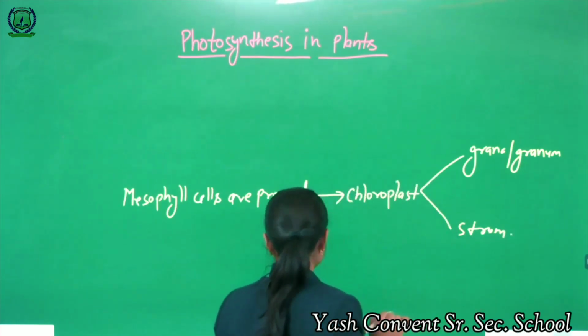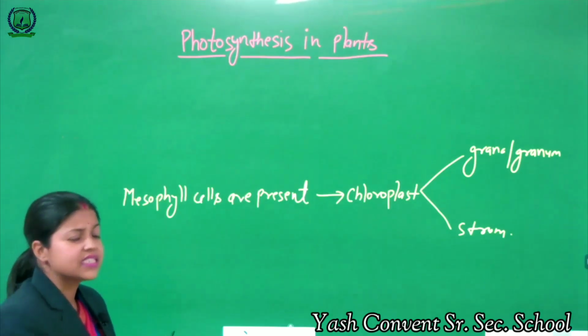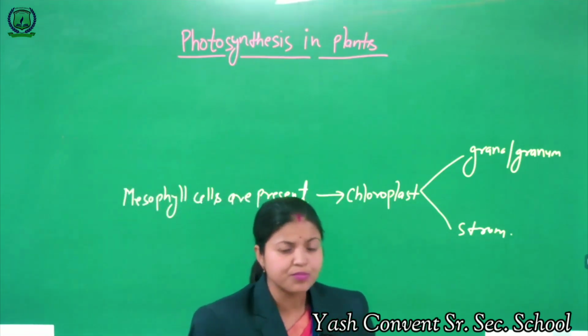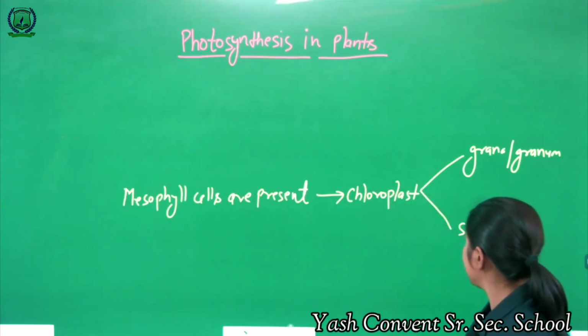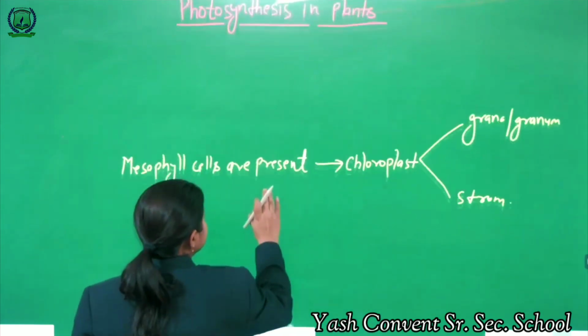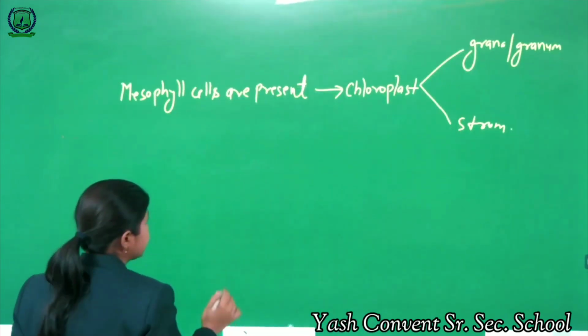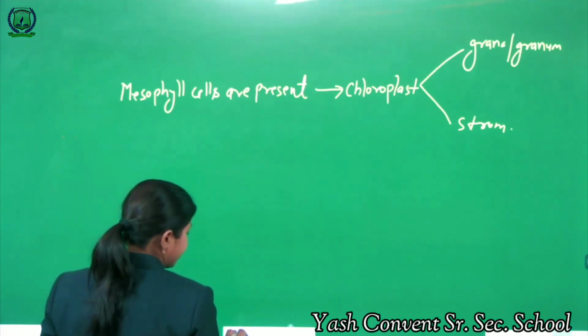Students, the process of photosynthesis is completed in two steps: light reaction and dark reaction, or you can say light dependent reaction and light independent reaction.